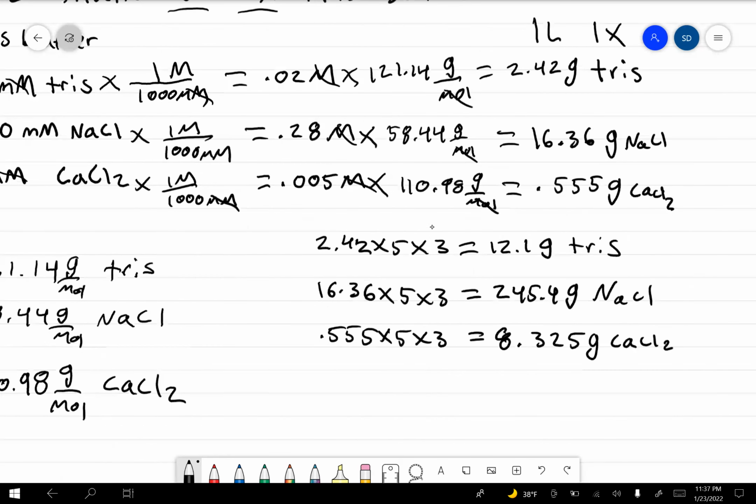This is how many grams you have to add, but you also still have to add the liquid. Because we wanted 3 liters, that is the same as 3,000 milliliters of water.